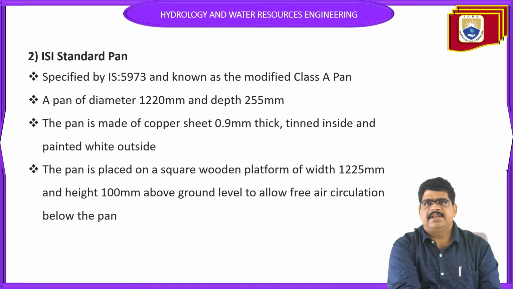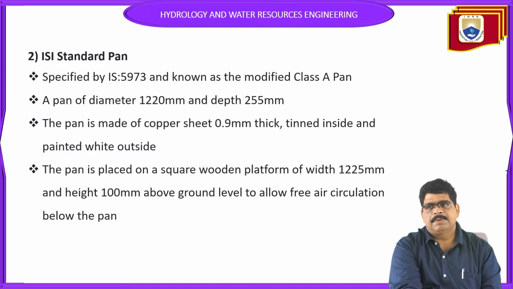And next one is the ISI standard pan. The IS standard pan is specified in IS 5973, the Indian Standard, known as the modified class A pan. Some modifications are given here. The pan diameter is different from the previous one: 1220 mm diameter, and the depth of 250 mm is maintained.